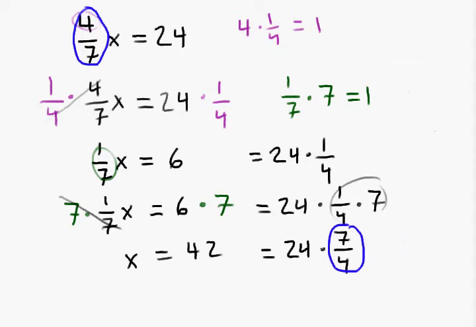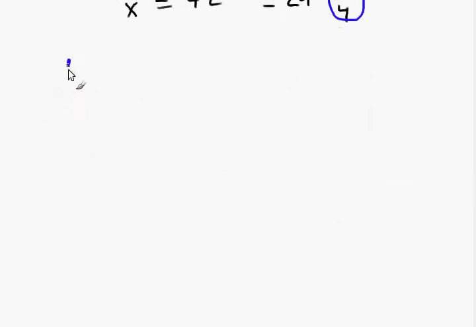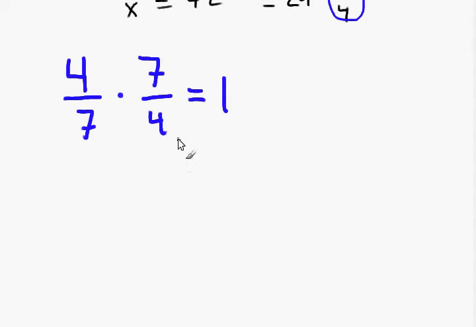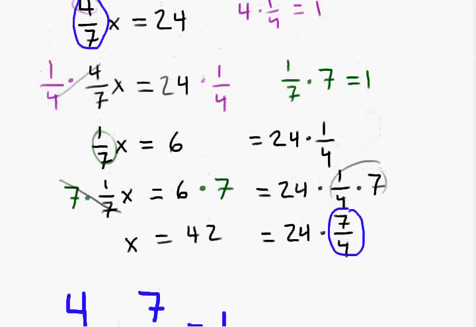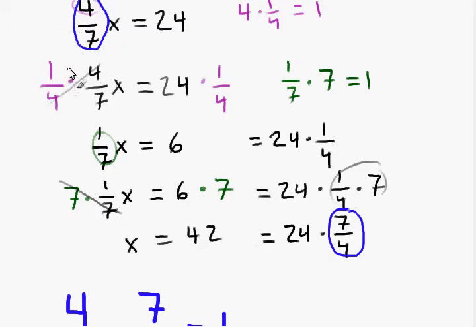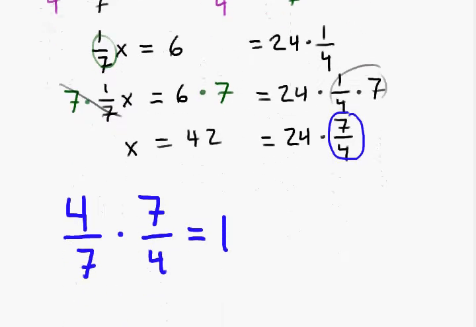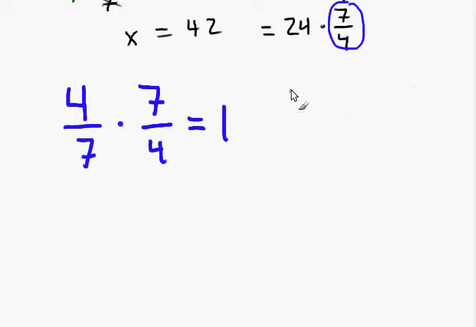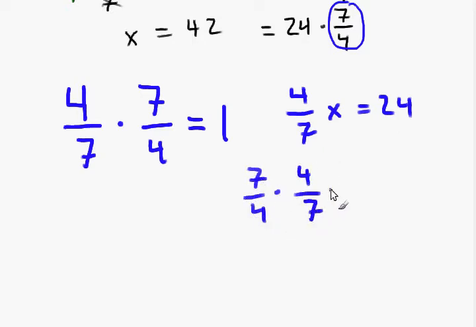4/7, 7/4. They're reciprocals. So instead of doing 2 operations here, we multiplied by 1/4, then we multiplied by 7, then we got the answer, we could have instead just taken 4/7 x is equal to 24, multiplied both sides by 7/4, and gotten our answer.